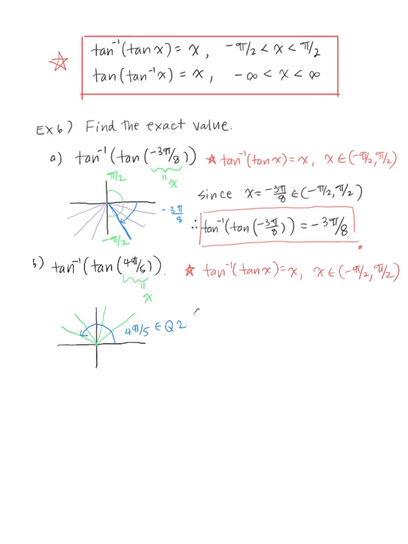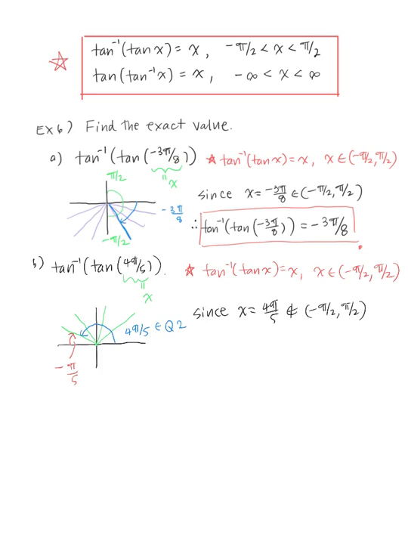So since x equals 4 pi over 5 is not inside of negative pi over 2 to pi over 2, we're going to have to use the reference angle. Okay, so let's determine the reference angle. Notice that the reference angle is going to be from here to here, which will be revolving this clockwise. So this angle should be negative pi over 5.